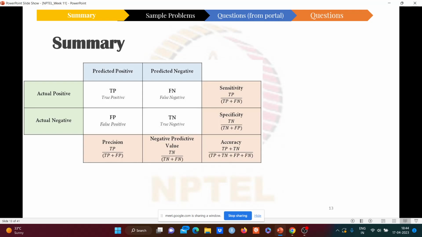Next is recall, also called sensitivity, which measures the proportion of true positives among all the actual positive instances. It is used when the goal is to minimize false negatives. Here, sensitivity is calculated as the number of true positives divided by the sum of true positives plus false negatives.